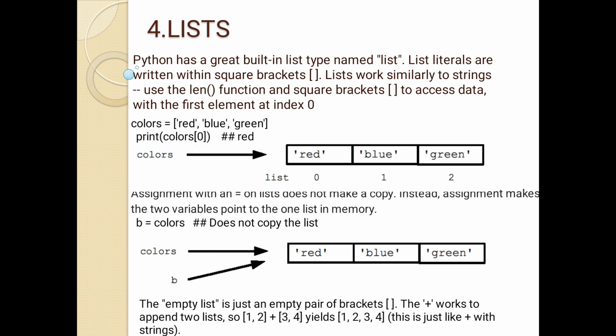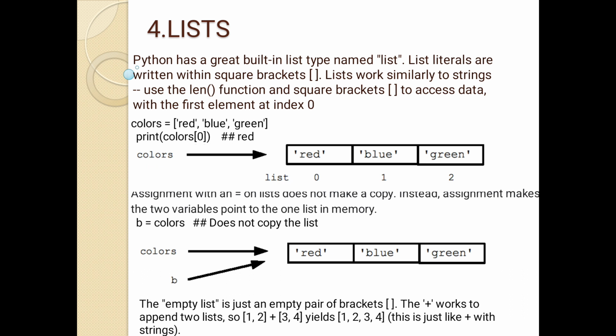Lists. Fourth point. Python has a great built-in list type named list. List literals are written within square brackets. Lists work similarly to strings. Use the len function and square brackets to access data, with the first element at index 0.